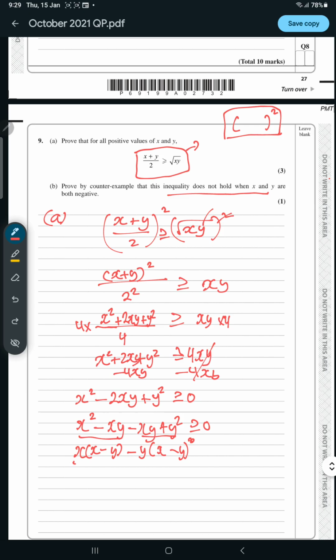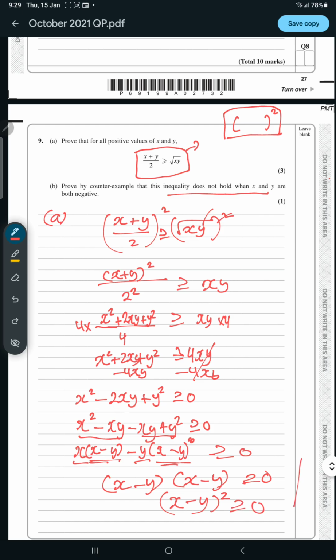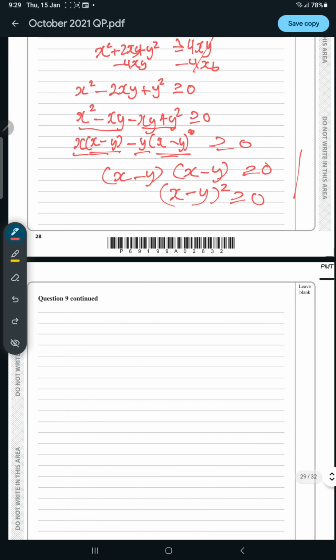And we can write these in one bracket, and this in one bracket, and this is going to give us x minus y squared is greater than or equal to 0. Now we need to write the conclusion steps.